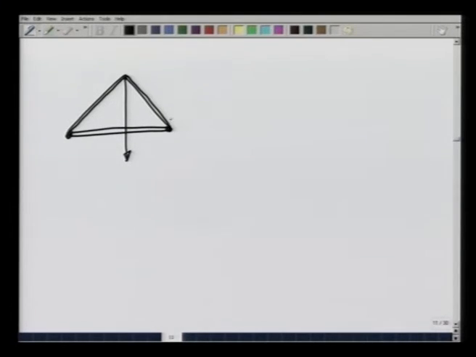If I look at this system, there is a force W by 2 acting here, and force W acting downwards. What I want to know is what are the forces in these different rods or members of the system. So, let us call this 1, 2 and 3.